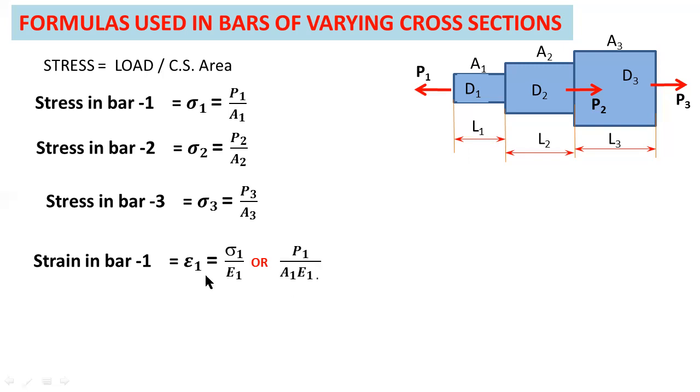Similarly, strain induced in bar 2, epsilon 2, equal to the stress induced in bar 2 divided by Young's modulus. Here sigma 2 equal to P2 by A2, so P2 by A2 E2 is the formula for strain produced in bar 2.